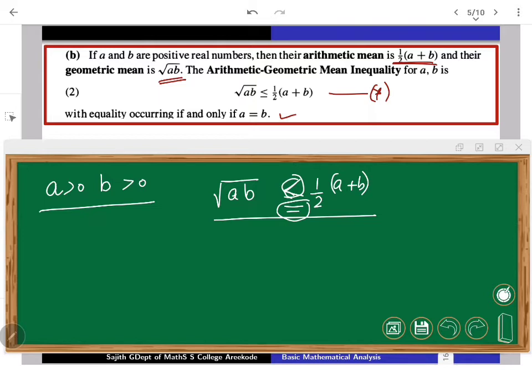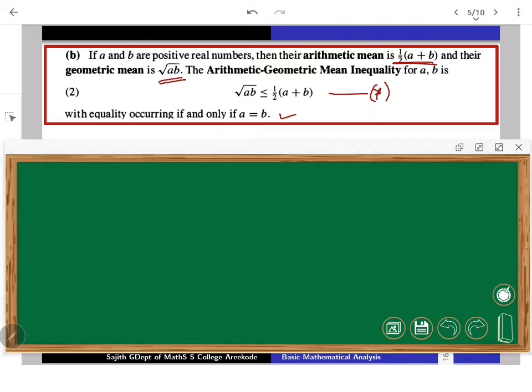Let us quickly go through the proof, how it works. So fundamentally, you have to show that the square root of AB is less than or equal to (A plus B) by 2. Let us look at the conditions. A is positive, B is also positive, which again implies the square root of A is positive as well as the square root of B is also positive.